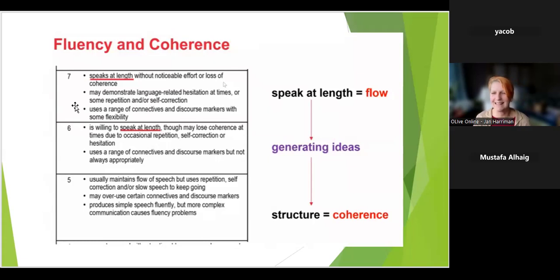Let me restart that sentence and say it this way. You can do that and still get a band 7. All right. So that's really important. You want to make sure that you can keep talking. That's the important part.